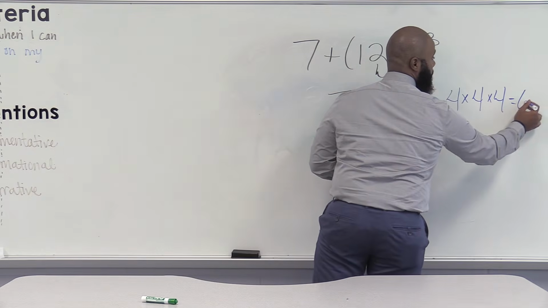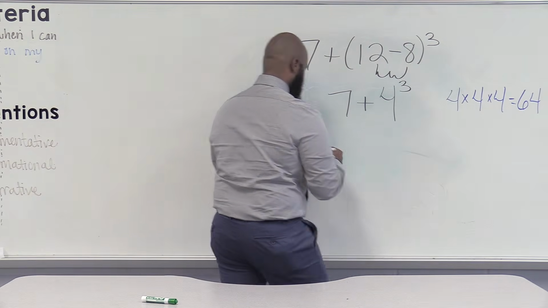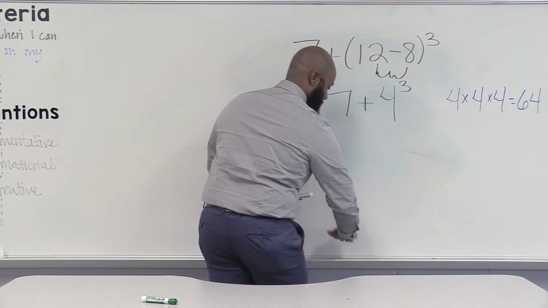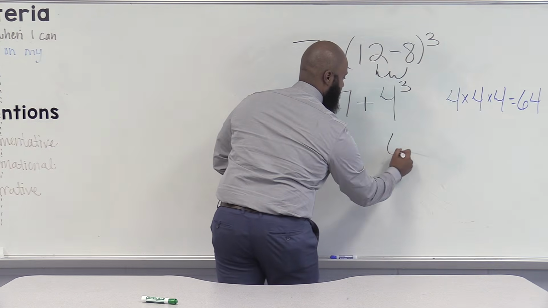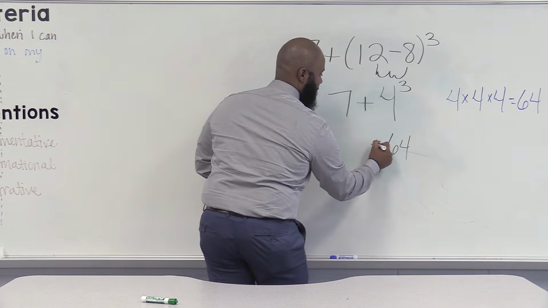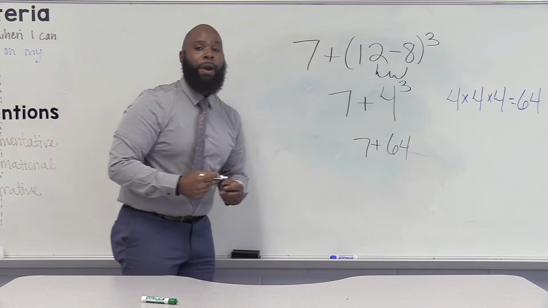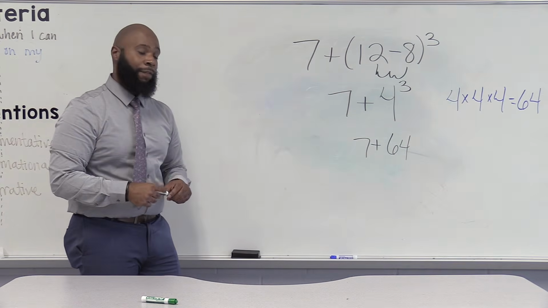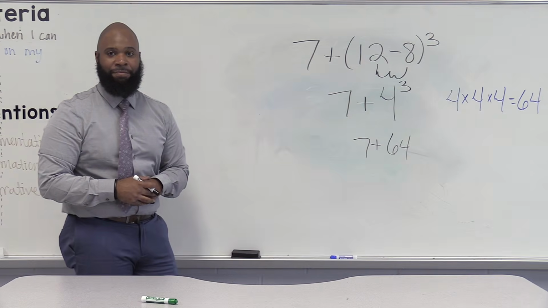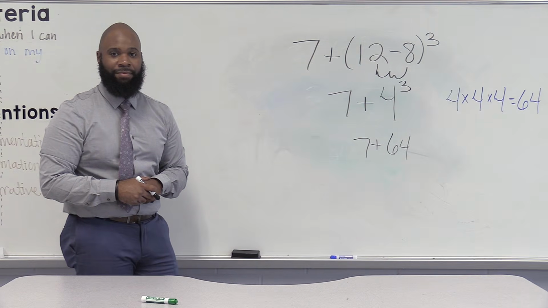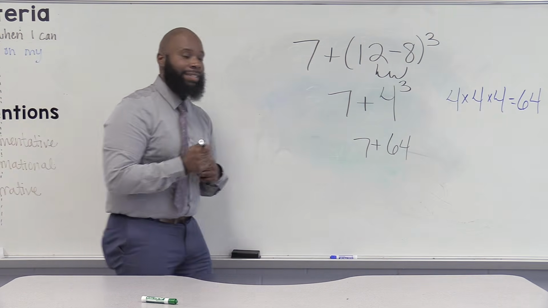So I should know that 4 cubed is now 64. Bring down my plus and my 7. So now my problem reads 7 plus 64. What did you get as an answer? Hopefully you got 71.